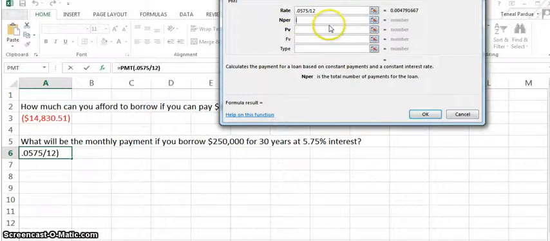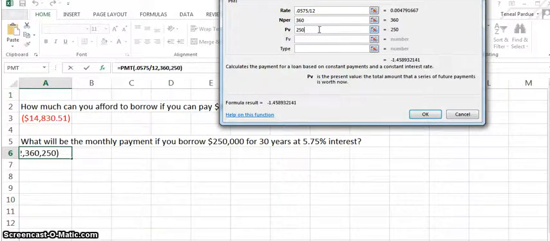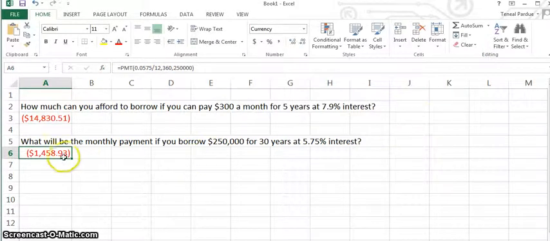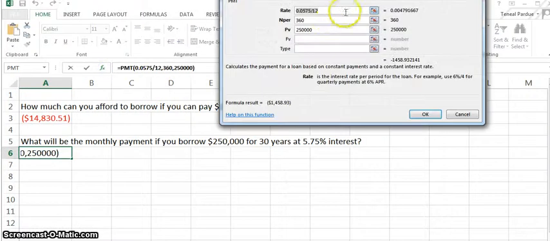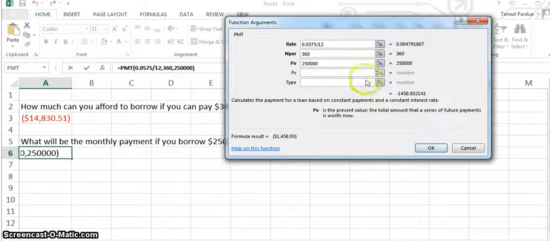Number of periods is 360, and we're borrowing $250,000. And we get $1458.93, which is exactly what we were hoping to find. I'll show you again what goes in the function so that you can take another look.